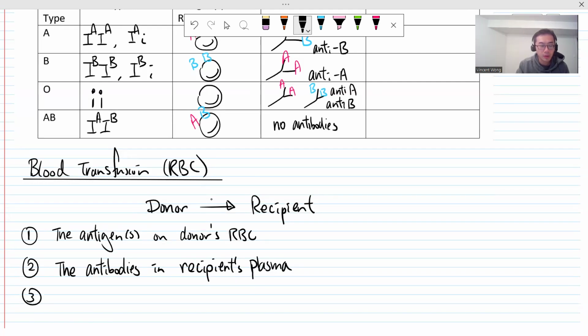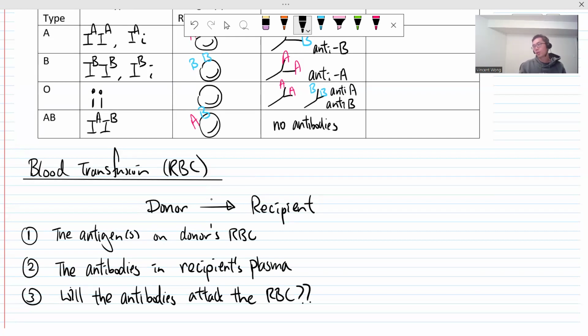And number three, we want to know: will the antibodies attack the RBC? Those are the three questions we need to think about when we determine whether the transfusion is safe or not safe.